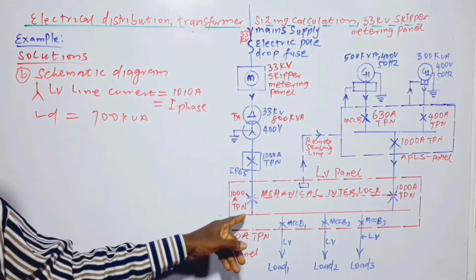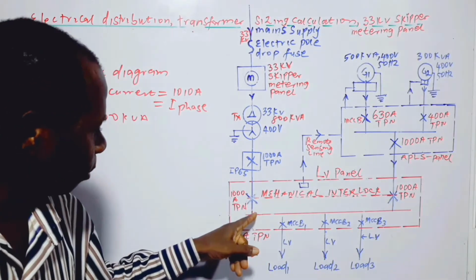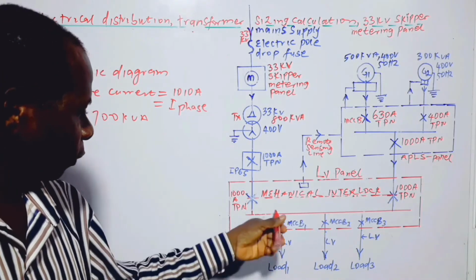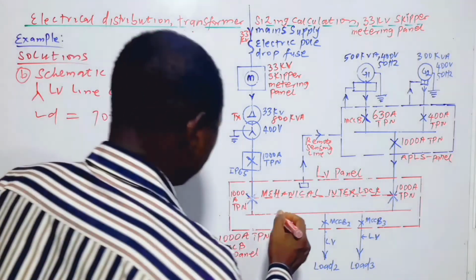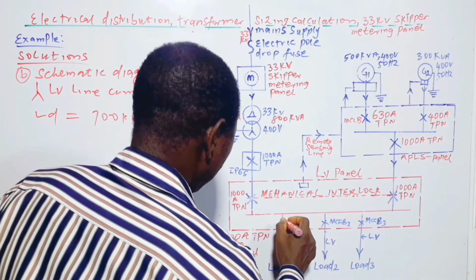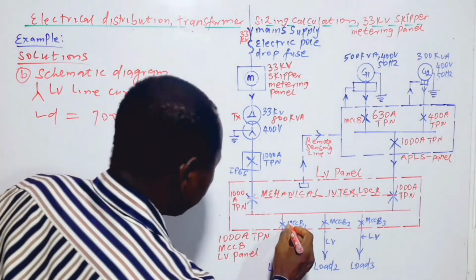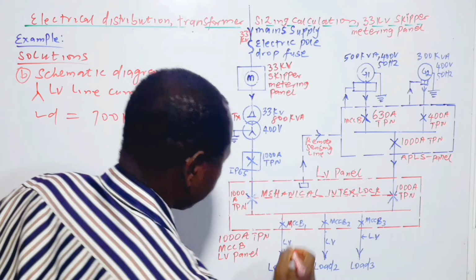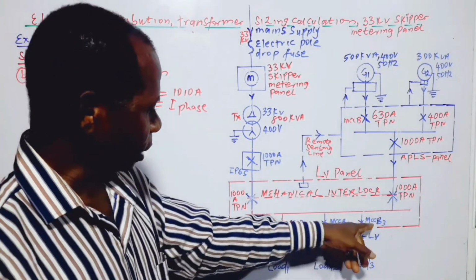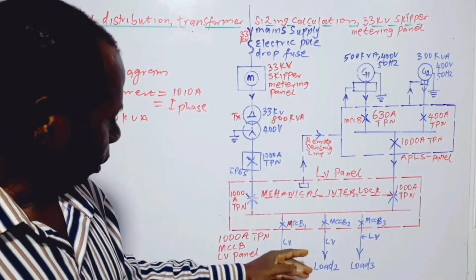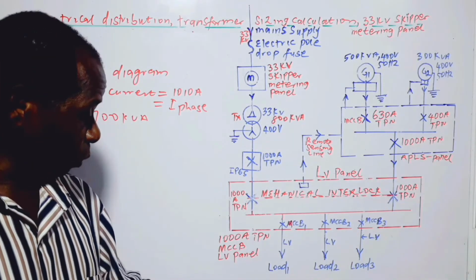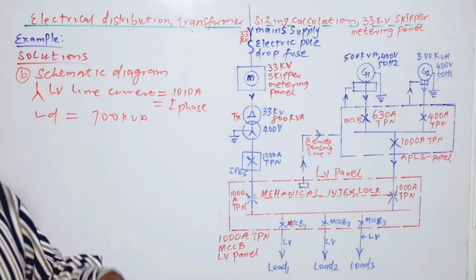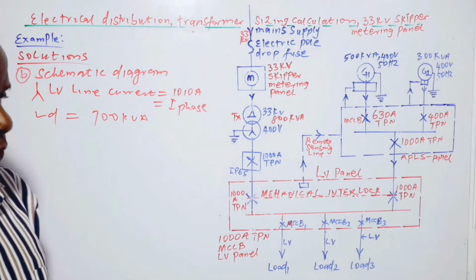Here we have the common bus section, this line. From here we have outgoing circuit breakers, which are MCCBs as well. They are now going to the loads, load 1, load 2, load 3. The loads could be a distribution bus or some other types of loads.